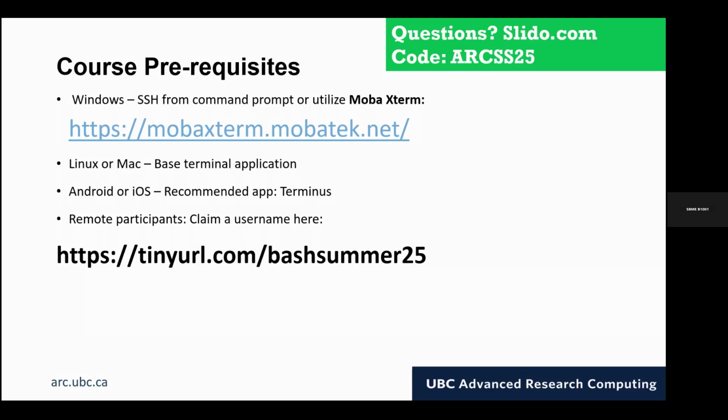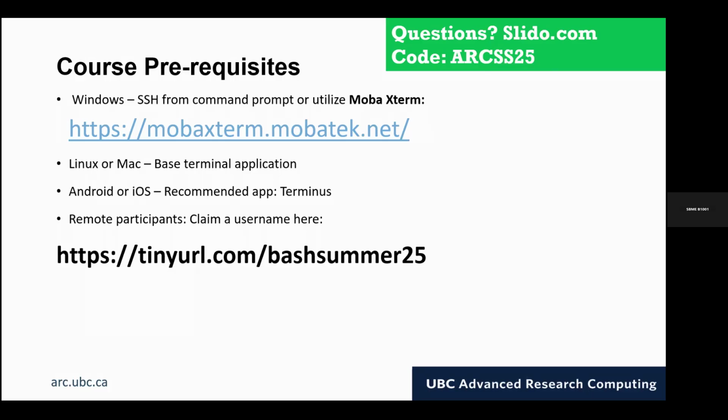If you're a remote participant, when we're using our remote connections, we have about 250 usernames available. And if you are connecting remotely, you can claim one of the usernames for your use at this link here, the tiny URL. This will take you to a Google Docs sheet that basically has the connection IP, the password, and then a big list of usernames.